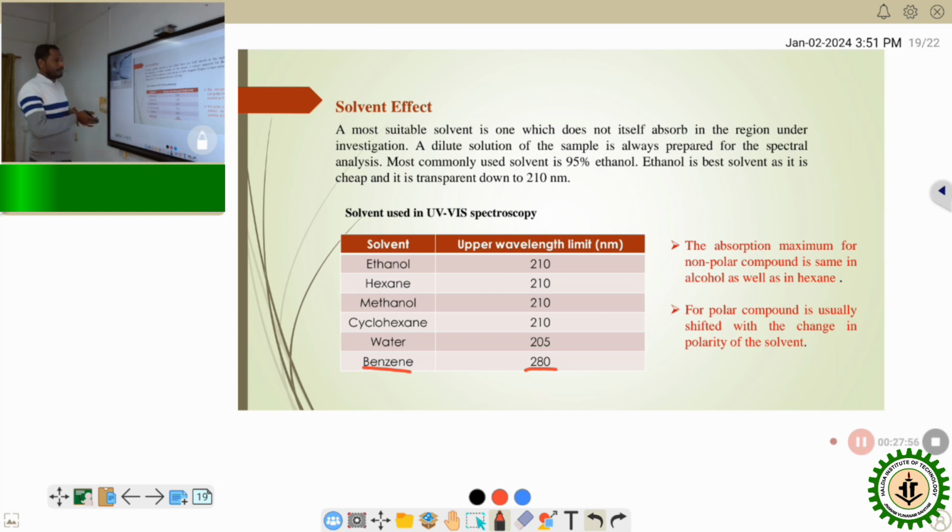So the absorption maximum for a non-polar compound is the same in alcohol as well as hexane, so there is no effect of solvent polarity. But for polar compounds, like alpha beta unsaturated carbonyl compounds, it is affected by solvent polarity.